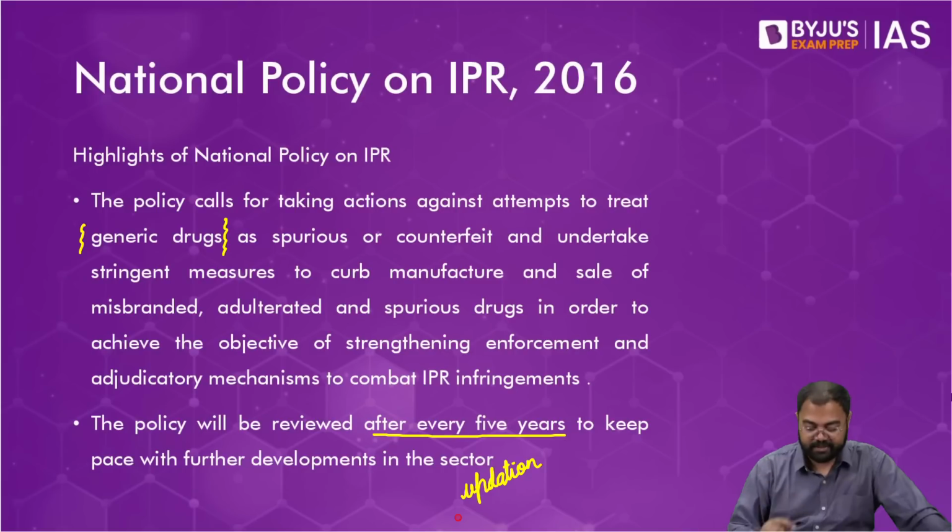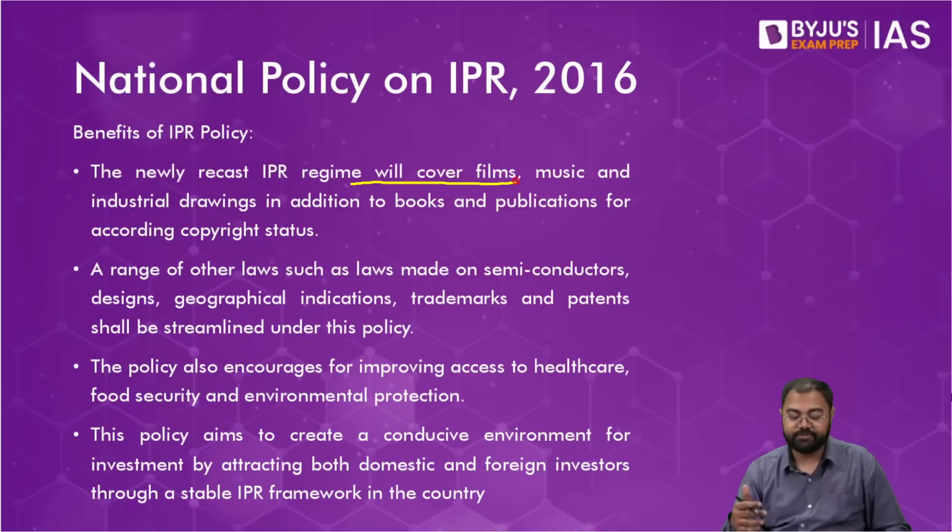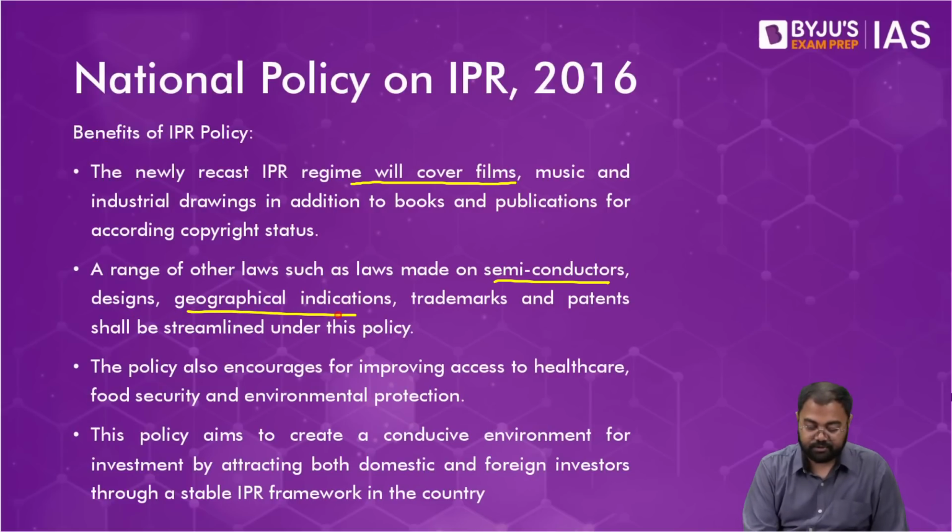So in this manner, there are all these highlights, and at the same time, there are all these benefits that we derive out of this. For example, it will cover films, music, and books also. All these things will be covered now. Then a range of laws, such as for semiconductor designs, geographical indicators, trademarks, etc., will also be there.